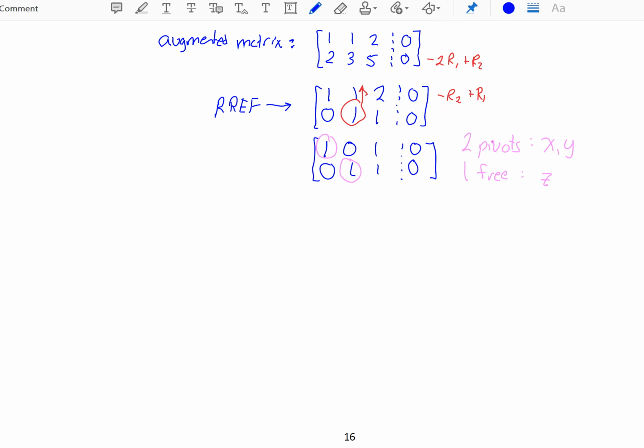Recall from chapter 3, the way that we did this is we rewrote our matrix back as a system again. Represented by x plus z equals 0, y plus z equals 0, and z is your free variable.